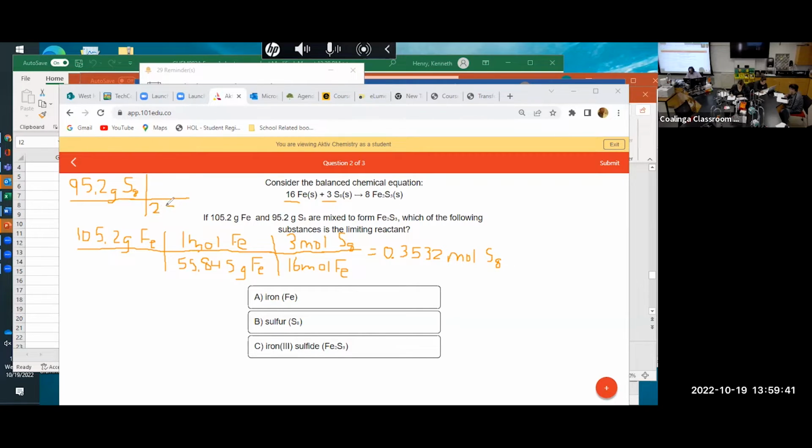That's 256.48 grams. So that would equal 0.3712.